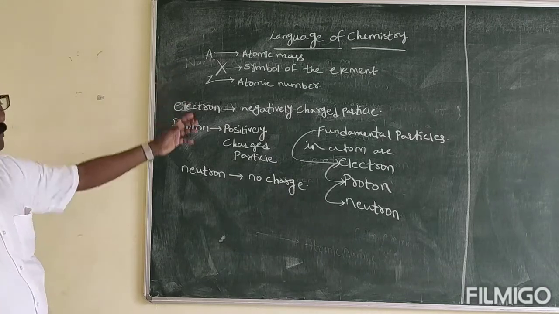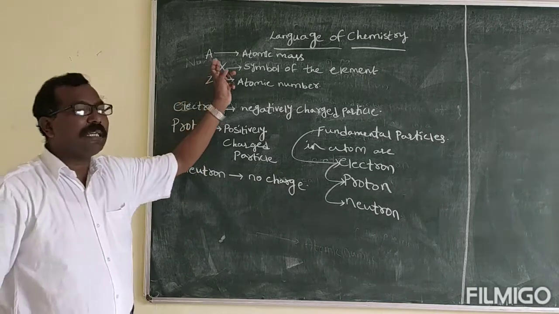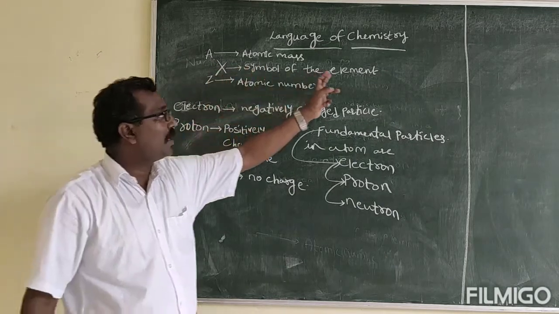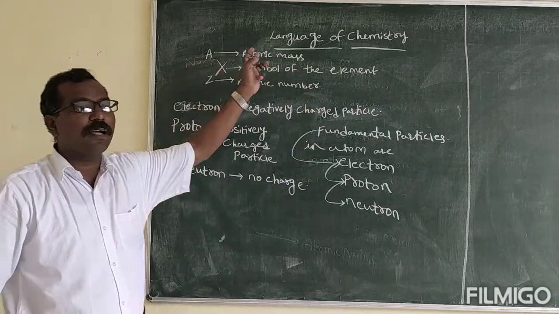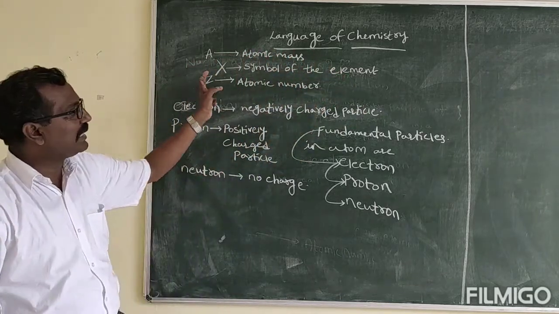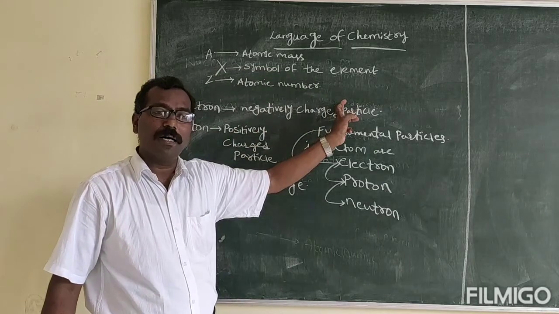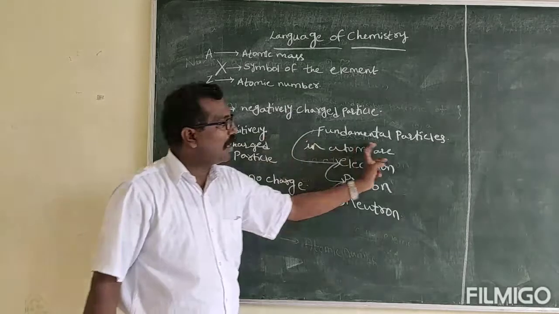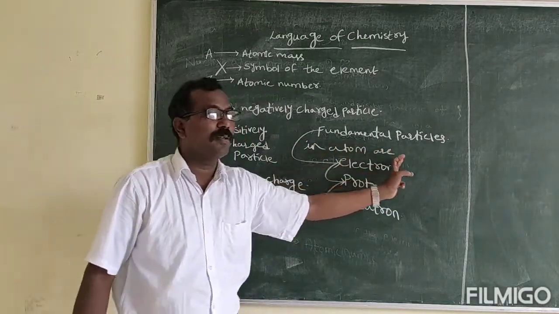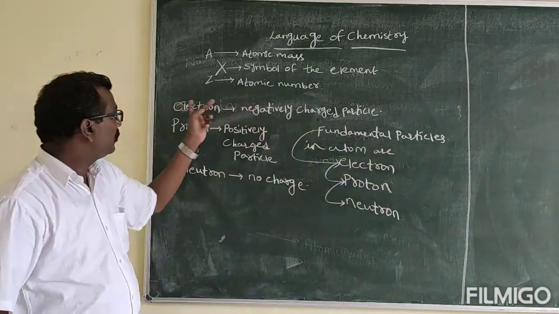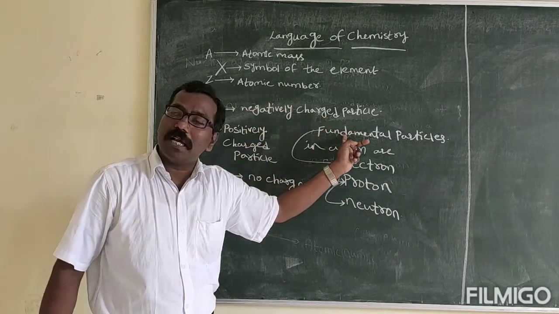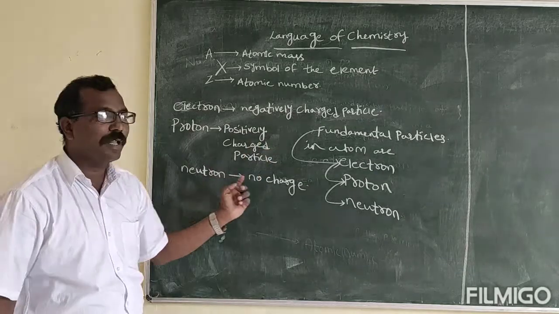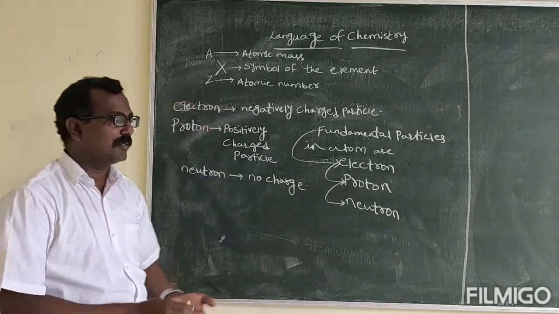So once again I am repeating. X A Z means X is the symbol of the element, A is the atomic mass, and Z is the atomic number. Electron, proton, and neutron are called the fundamental particles in an atom. Electrons are negatively charged, protons are positively charged, neutrons are not charged.